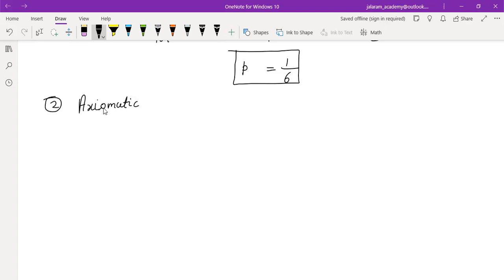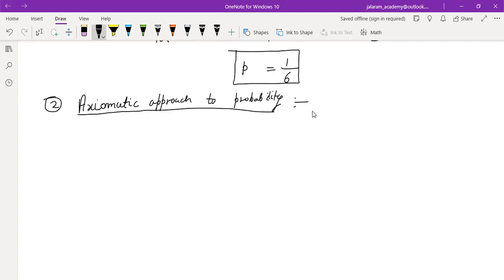Axioms means the rules, and axiomatic approach to probability actually uses the theory of set. So it is very easy to represent the favorable outcomes and the total number of outcomes using set theory.